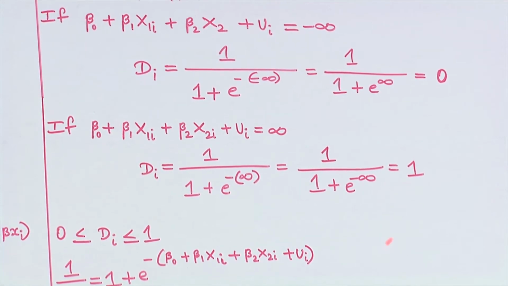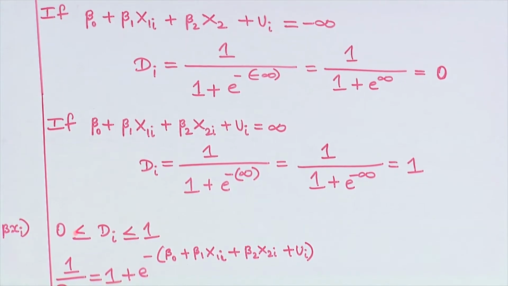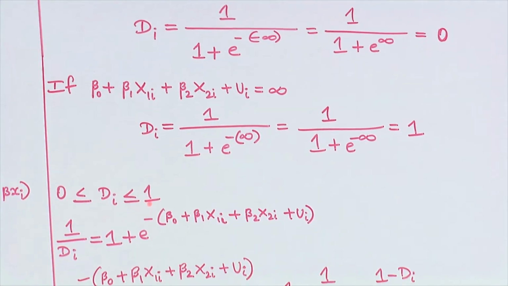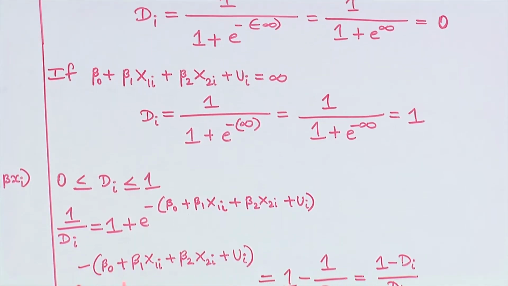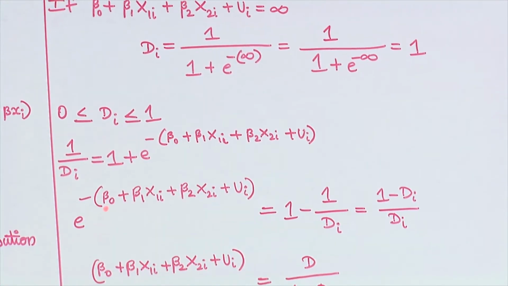So, it is made bounded. The first step is it is made bounded by some link function or the cumulative probability function. So, this di will lie between 0 and 1 strictly. And now, let us see how the regression function is formed.